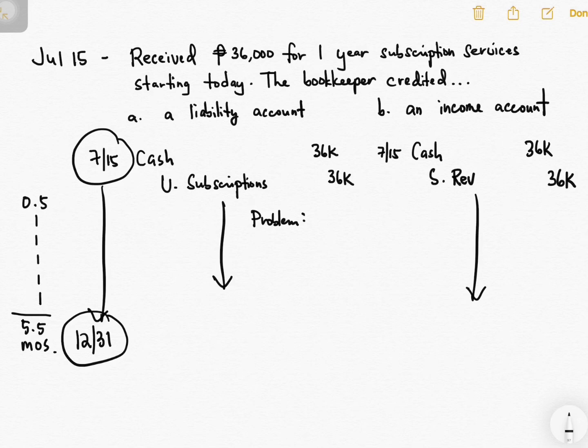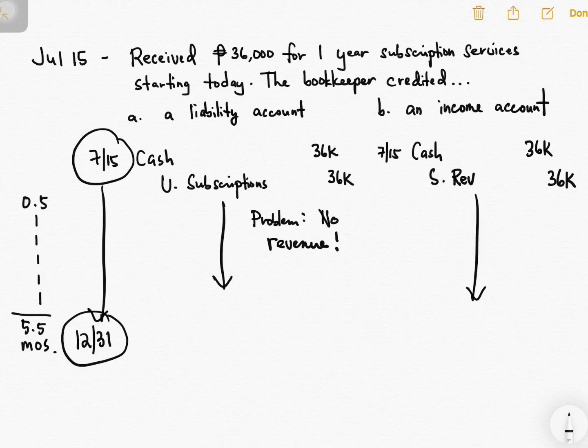The problem is you don't have any revenue. On July 15, yes, you have the obligation to do service. But starting that day, up to December 31, you are already doing the service. And applying accrual basis, you should be recognizing revenue, right?